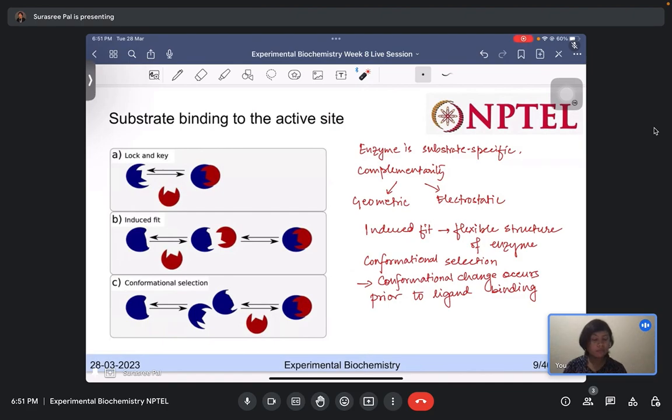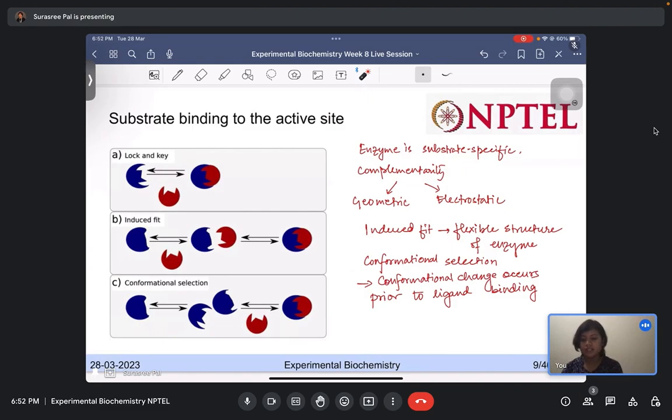The key which is specific for the lock will only fit into the specific lock. Similarly, there is specificity in the enzyme and the substrate. Only a particular specific substrate will fit into the enzyme, and the enzyme is so designed that it can fit the substrate.